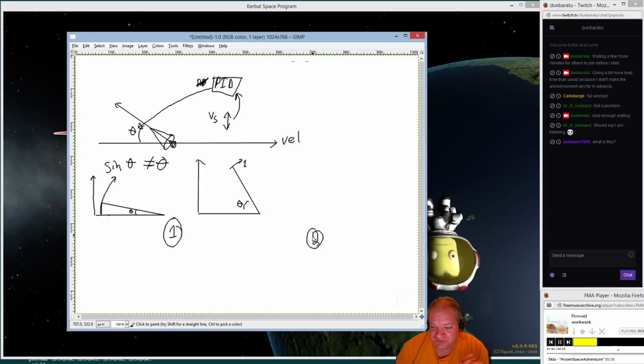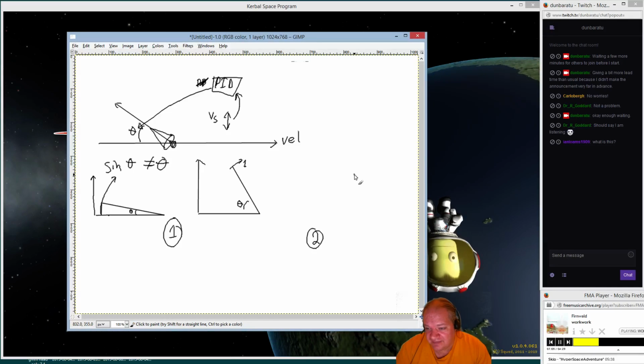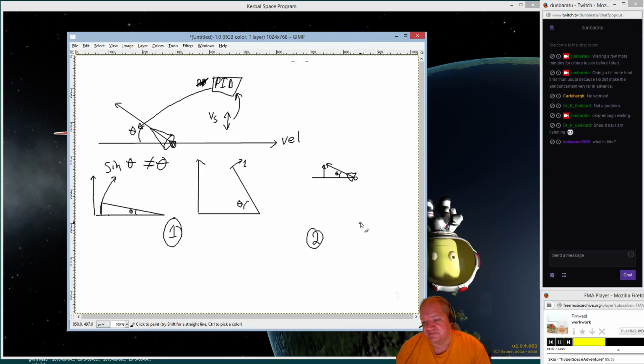Problem number two is the one we were running into, which is this. Let's say you have a vessel which has a relatively small thrust. At some particular angle, you get this much vertical component of that thrust.